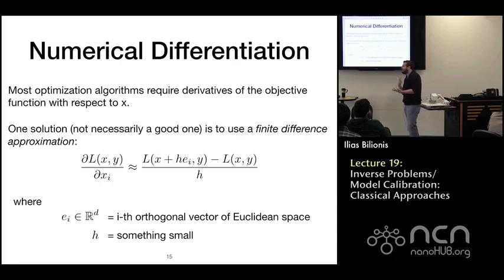If you don't give it the gradient of the loss function with respect to the parameters, then it will estimate the derivatives numerically using finite differences. So you would just say, here I'm looking at the derivative at x. I'm going to use the definition of the derivative with the limit, but I will not really take the limit. I'll just take a small h, and substitute everywhere I need the derivatives. And that will work.